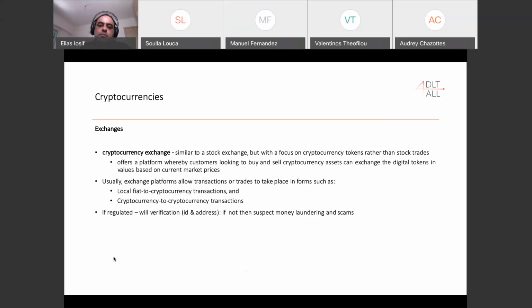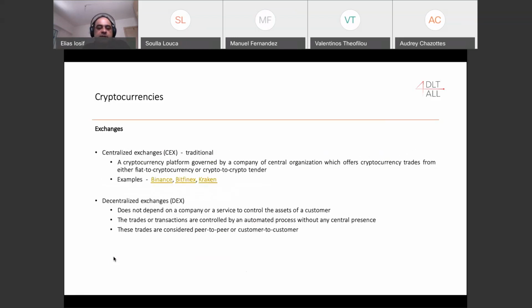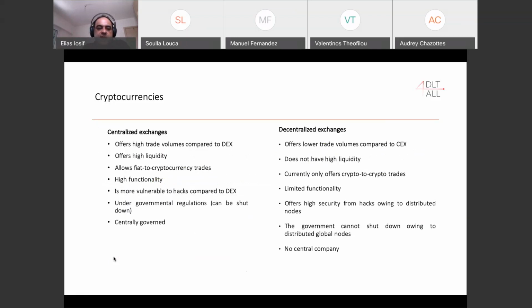I would say the weak point of such third-party exchanges is that they introduce a degree of centralization, because your exchange transaction depends on the availability of a third-party service. Examples include Binance, Kraken, etc. And here we have a basic comparison between centralized and decentralized exchanges.